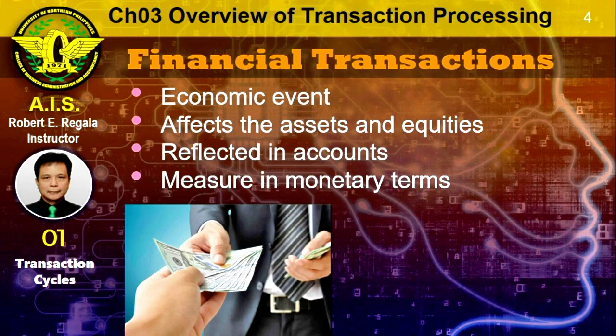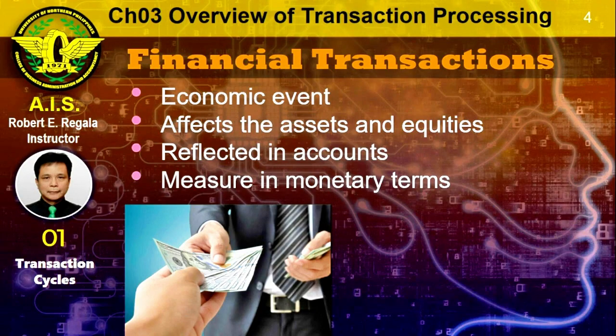These include the sale of goods, the purchase of inventory, the discharge of financial obligations, and the receipt of cash on account from customers. Financial transactions also include certain internal events such as the depreciation of fixed assets, the application of labor, raw materials, and overhead to the production process, and the transfer of inventory from one department to another.